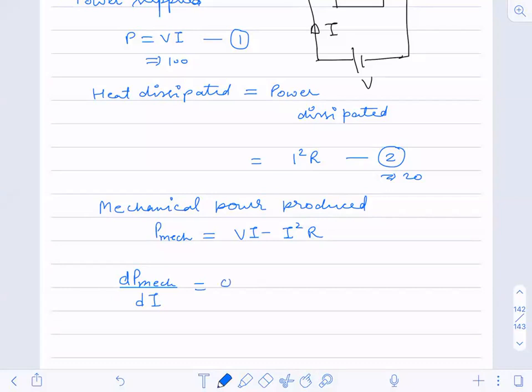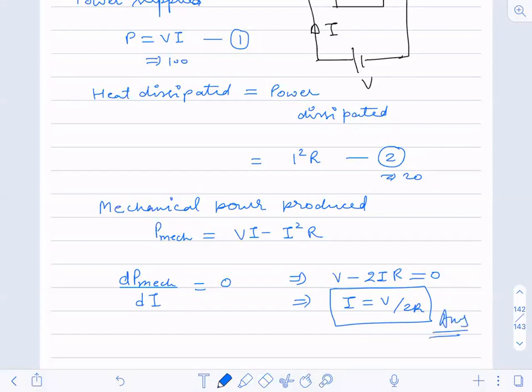So you will get V minus 2IR equals 0. From here I get the value of I as V by 2R. So when the current is V by 2R, that time you will have the maximum power.